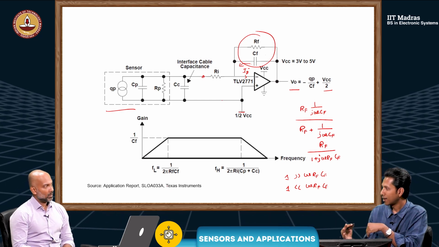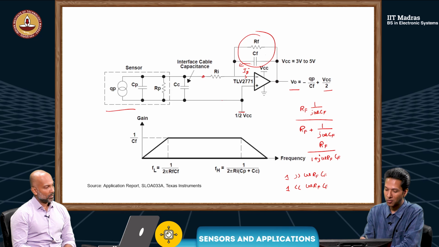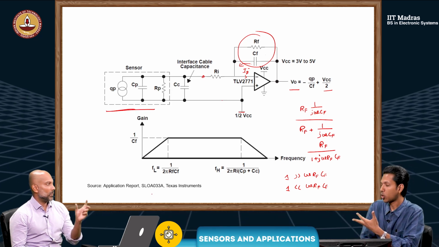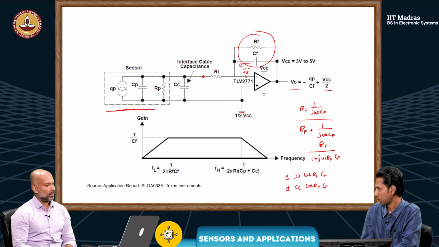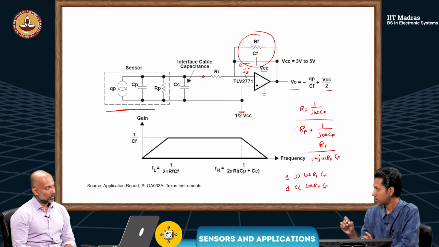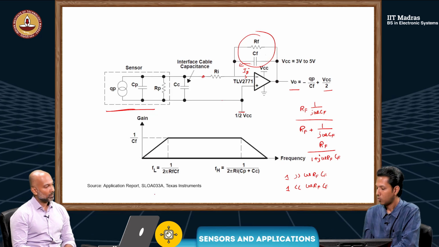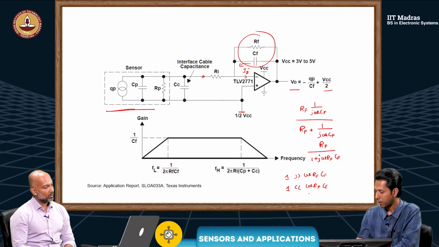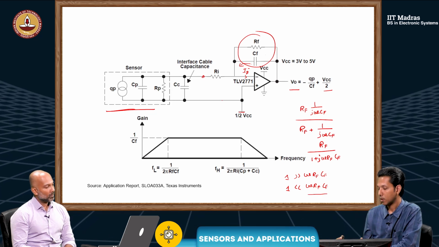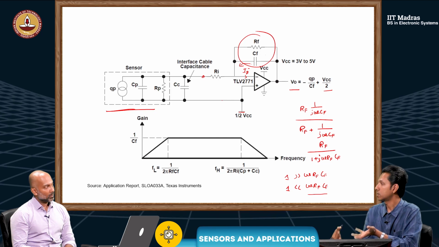That is the region where we want to operate. It's almost like RF is not present there. So, for low frequencies, RF will serve as a discharge path, while for higher frequencies, what is mostly present is this capacitance.